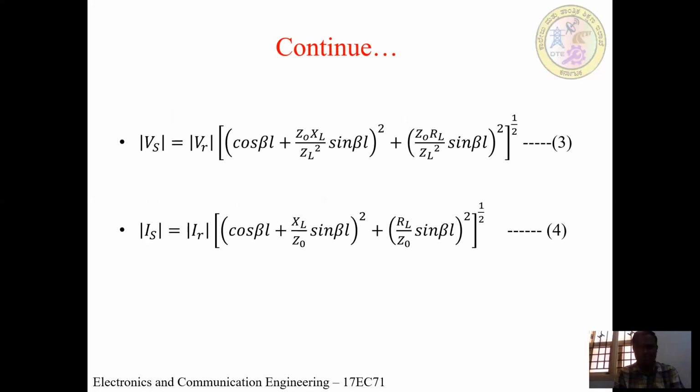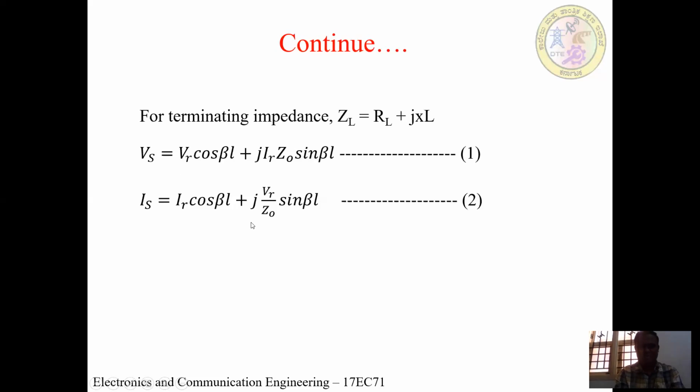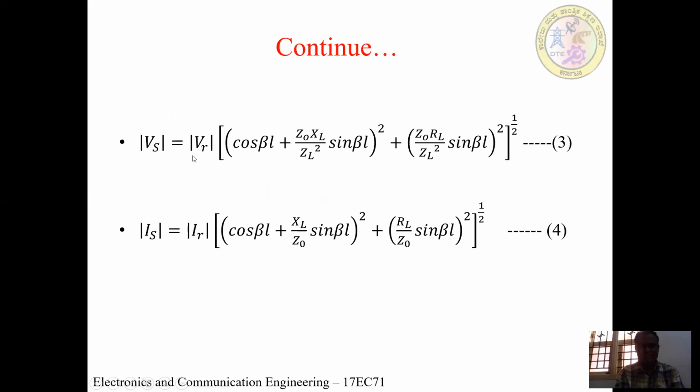Using that, if you put these Vs and Is in these equations, you get the magnitude of Vs is equal to the magnitude of Vr into [cos beta L plus Z0 XL divided by ZL square into sin beta L] whole square plus [Z0 RL divided by ZL square into sin beta L] whole square, whole to the power of 1 by 2.